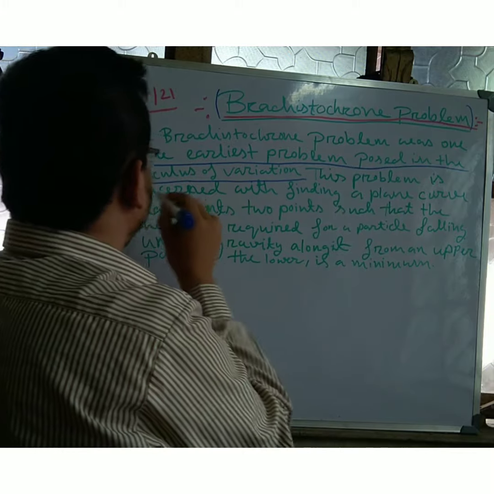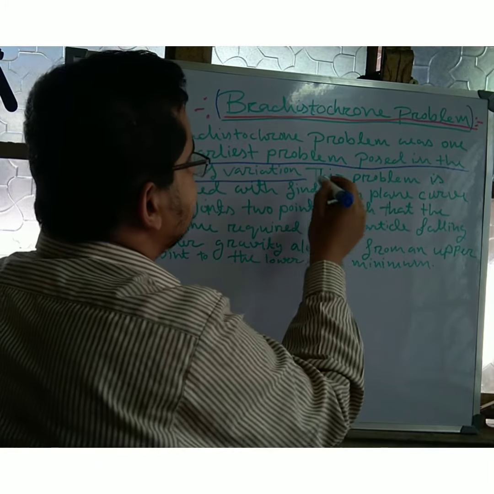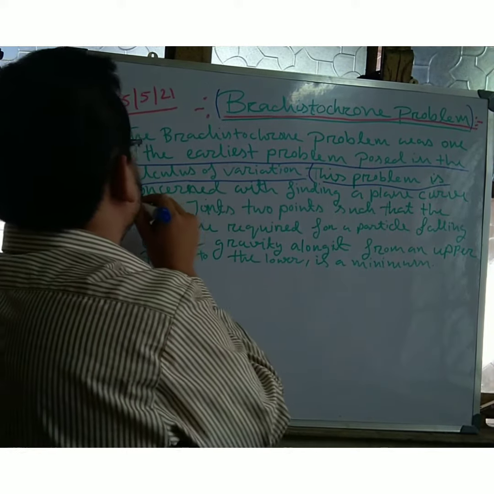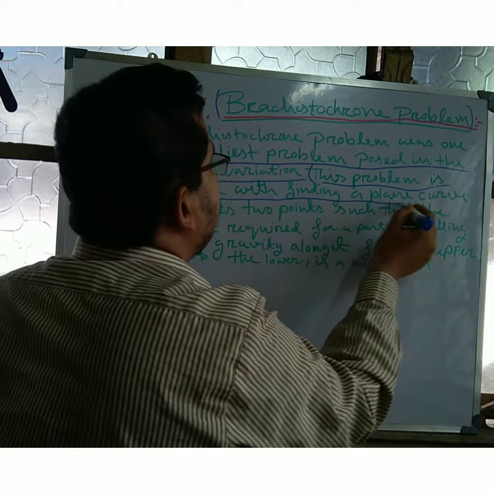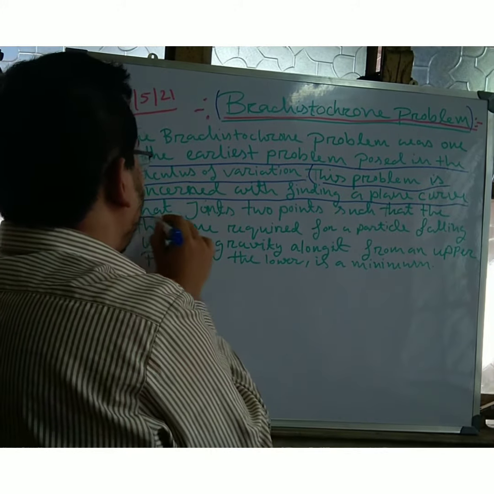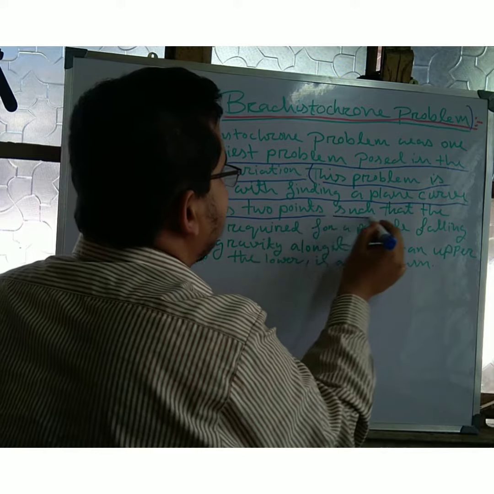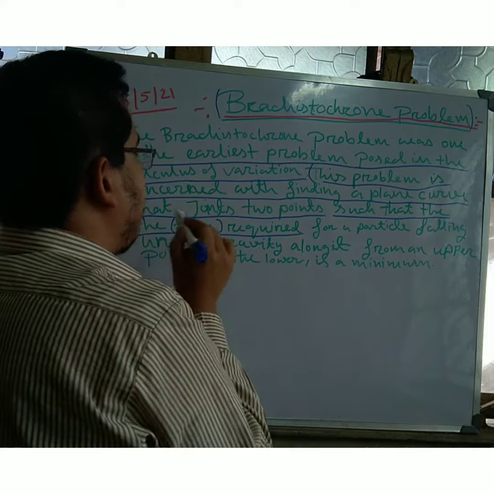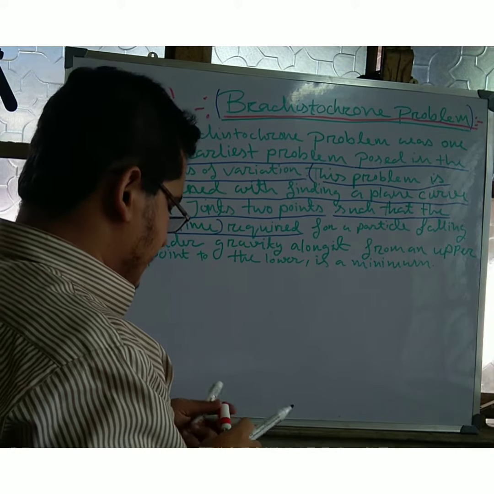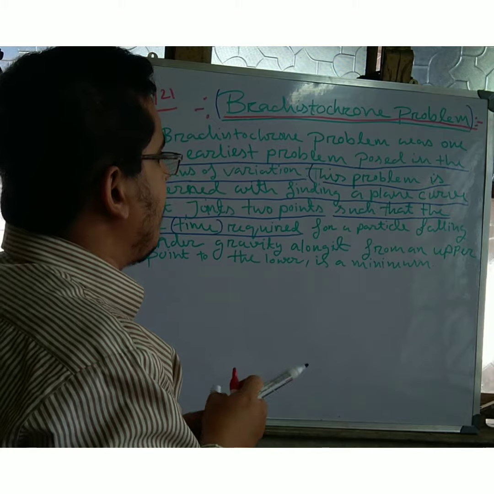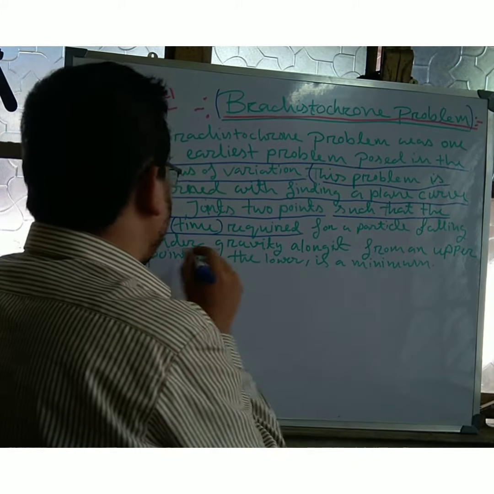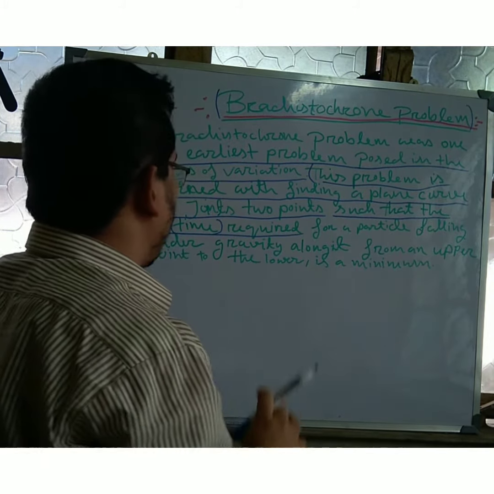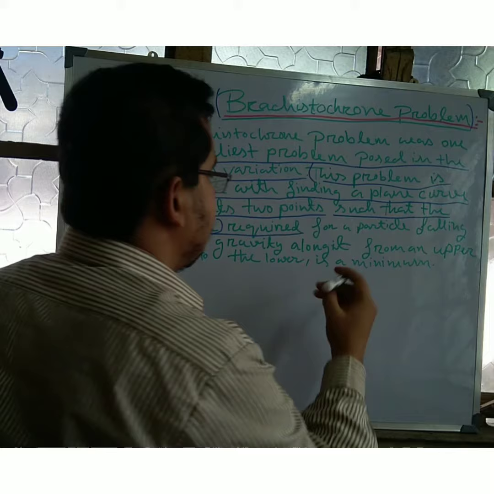This problem is concerned with finding a plane curve that joins two points such that the time required, I mark it friends, the time required for a particle falling under gravity from an upper point to the lower is a minimum.